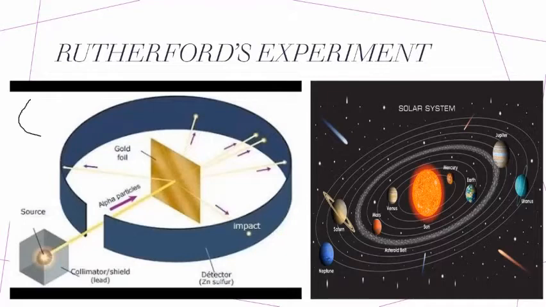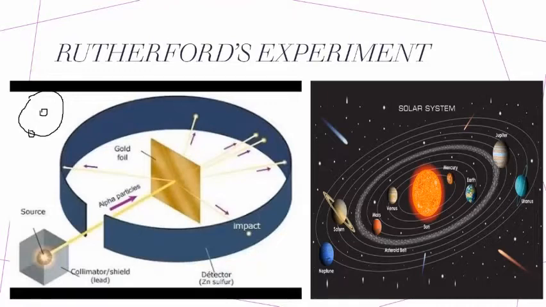So suppose this is an atom here and this is the nucleus. Compared to the whole atom, the size of the nucleus is negligible. That's what he said. Then the electrons revolve around the nucleus.